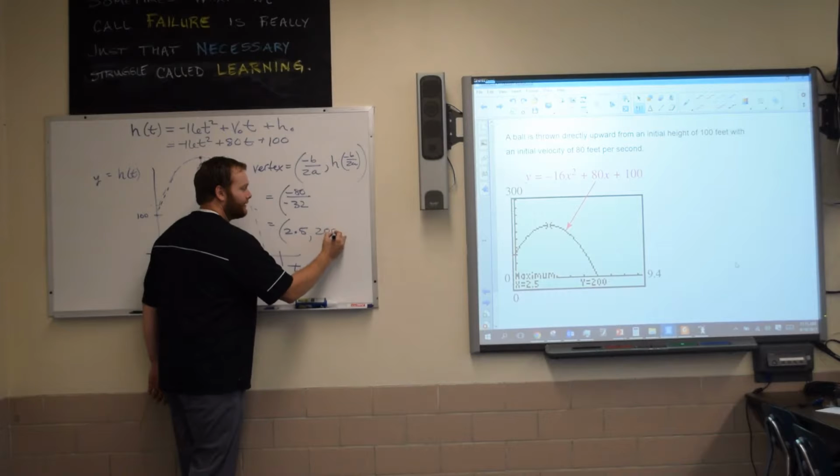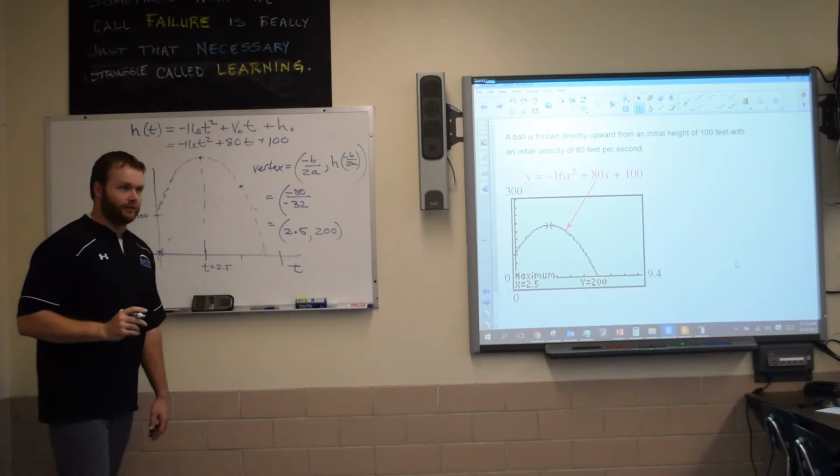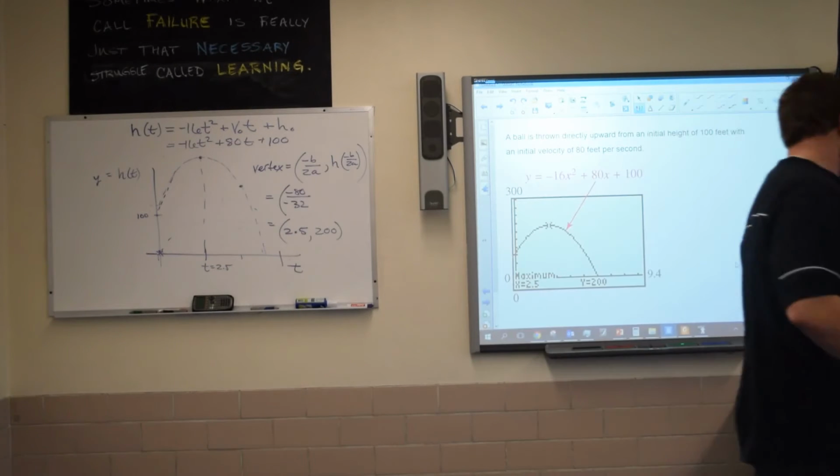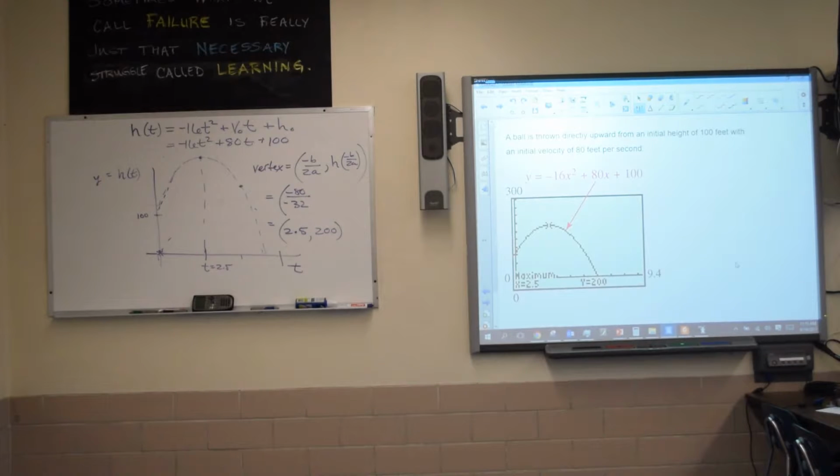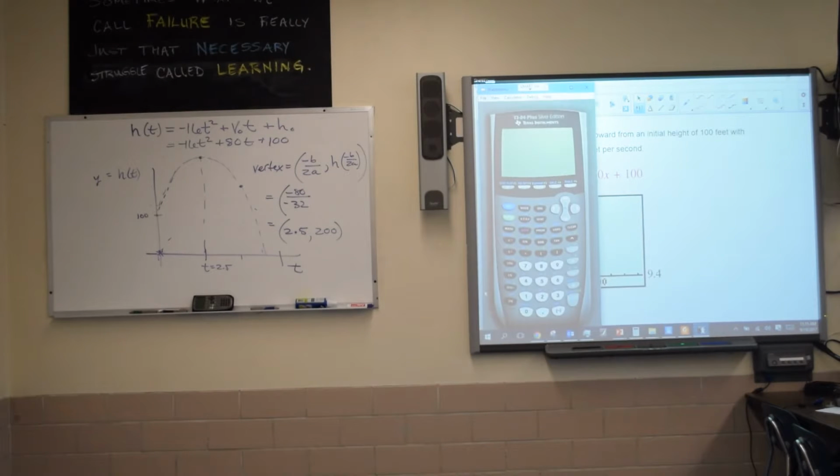Plugging that back in should give you 200. Okay, and I think I've got that. I'll show that on my calculator here. So negative 16, 2.5 squared, plus 80 times 2.5, plus 100, then it does give you that 200. And that's just evaluating that thing.